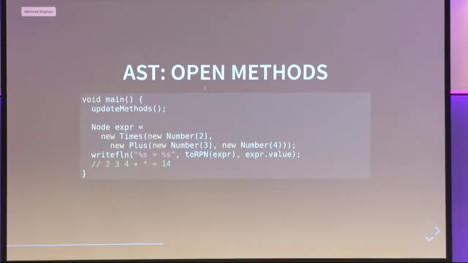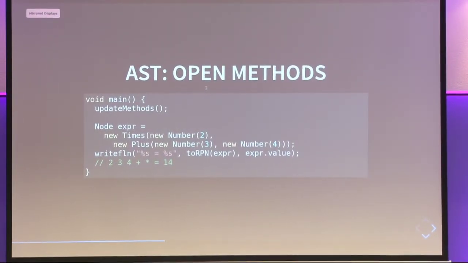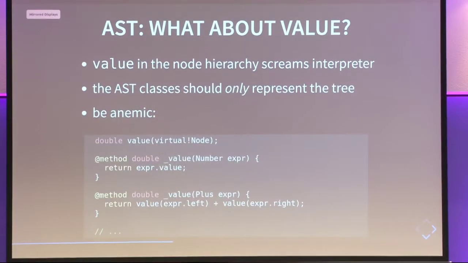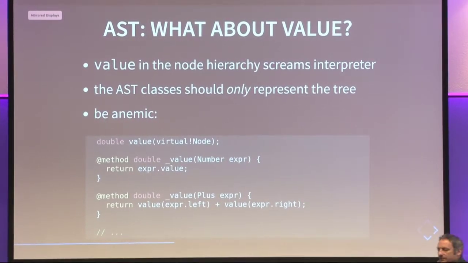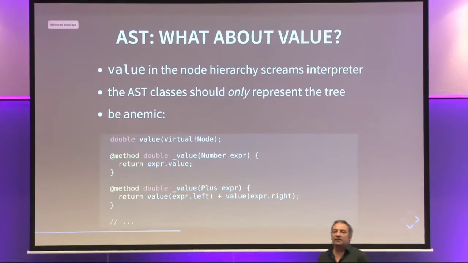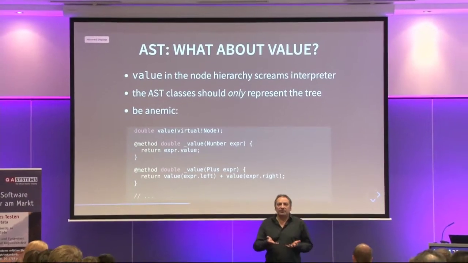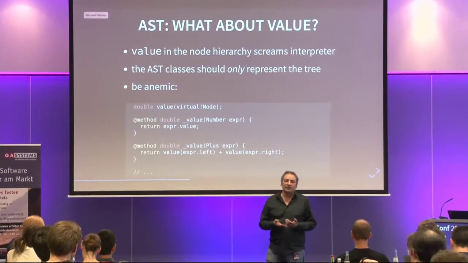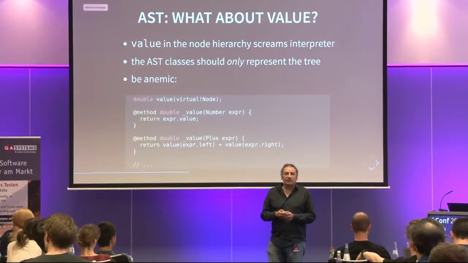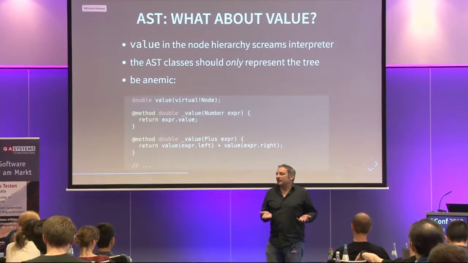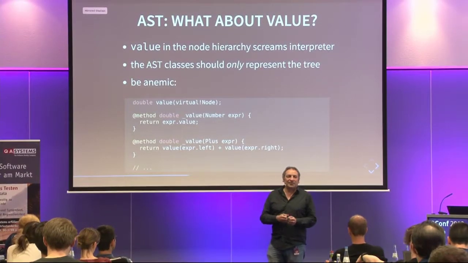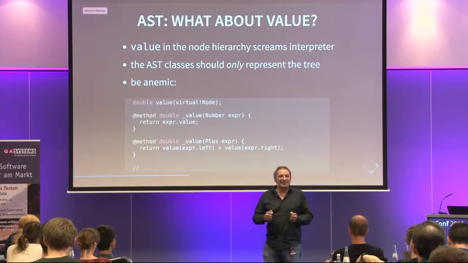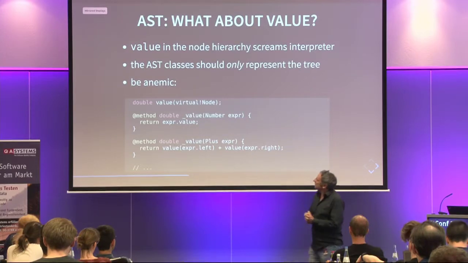Okay, now we have our solution for toRPN, but what about value? Because when I introduced that node hierarchy, I said, well, it looks natural to put value inside the interface and subclasses, and nobody has reacted. I guess that Louis would have hated me if I didn't warn him, but it's probably not a good idea either.